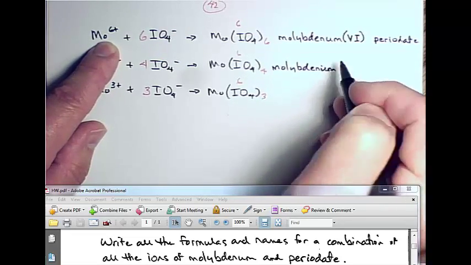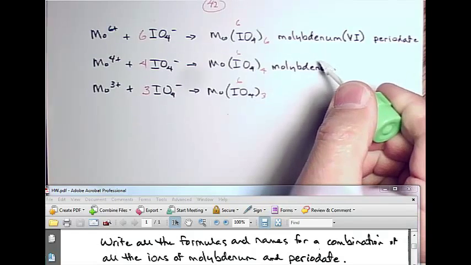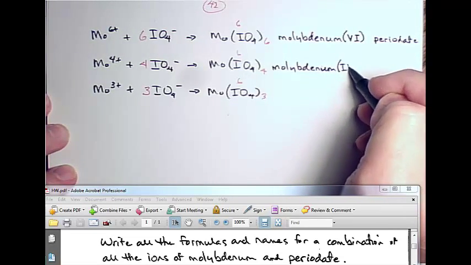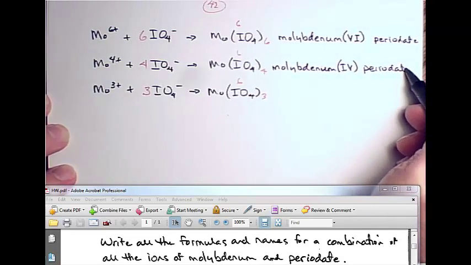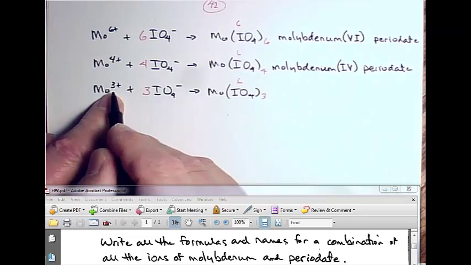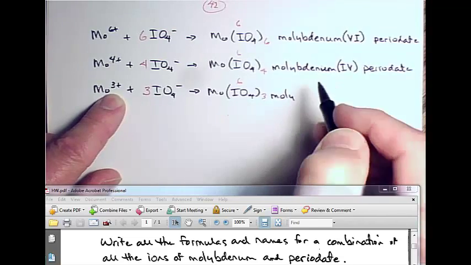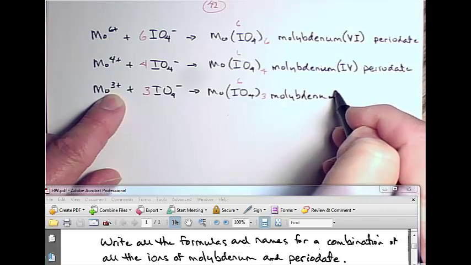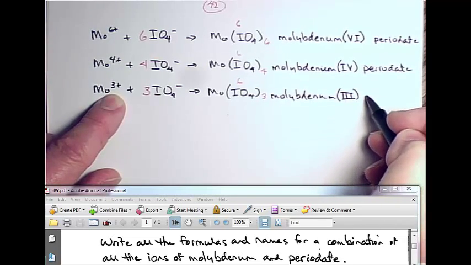That's molybdenum 4. And this is molybdenum 3 because of the 3 plus charge. So molybdenum 6 is molybdenum 6 because of the 6 plus charge. Molybdenum 4 is molybdenum 4 because of the 4 plus charge. Now molybdenum 3 is molybdenum 3 because of the 3 plus charge.